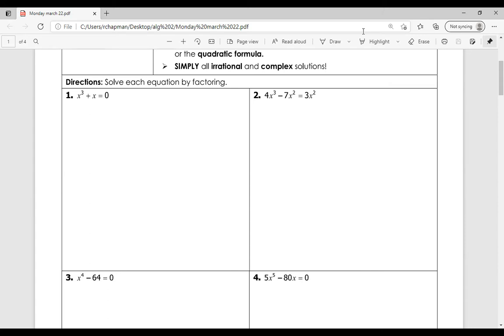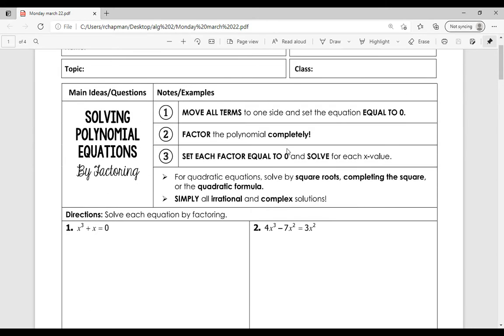So, golden rule of factoring, or solving by factoring: you are going to set the problem equal to 0. You are going to factor completely, starting with checking for a greatest common factor and then doing one of the other factoring techniques after that. And then you're going to set each factor equal to 0.